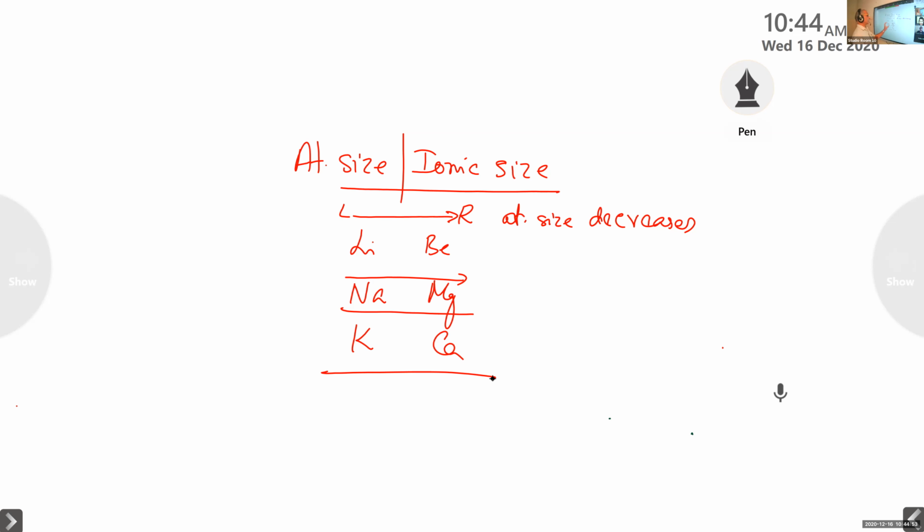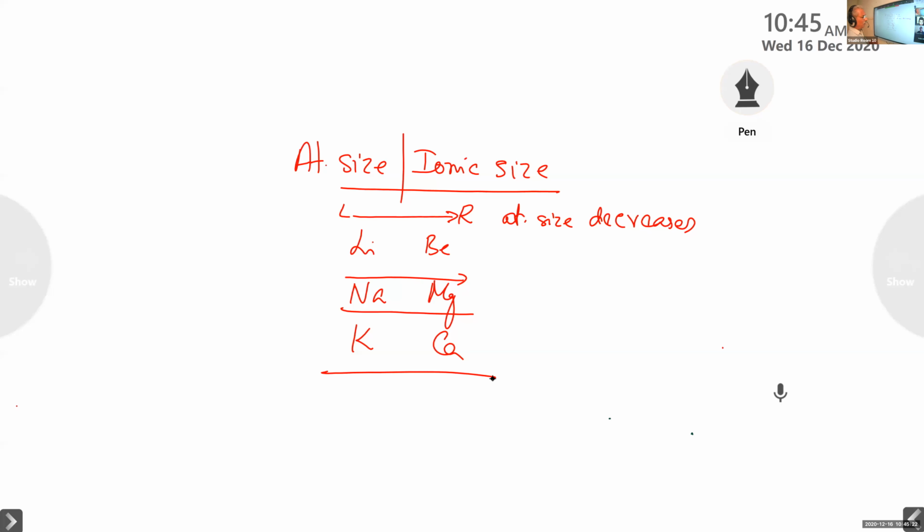So, in general, the atomic size and ionic size decrease from left to right.